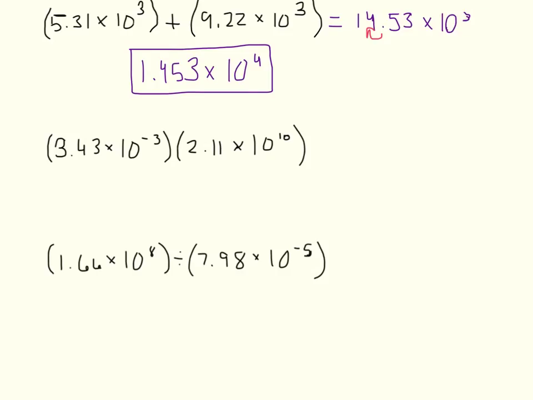So moving on to the next example, you can see there are no symbols in between these parentheses, which implies multiplication. So we're going to multiply these two numbers, and I've got my calculator here to help me out with that. And that gets me 7.24 if I round using the correct amount of significant digits. And then whenever we multiply, we'll have to add the exponents.